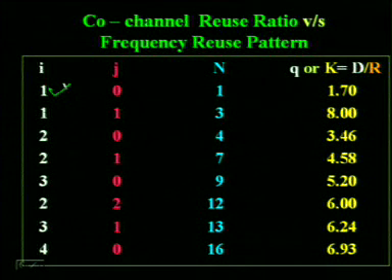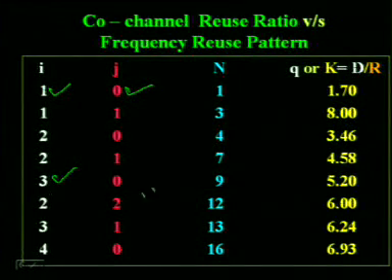So, this way we can calculate the reuse factor to decide the number of cells in a structure. If we put different values of i and j, say take the value of i as 1 and j is equal to 0, then we get Q or K is equal to 1.7.